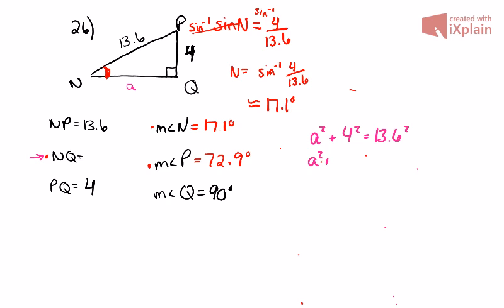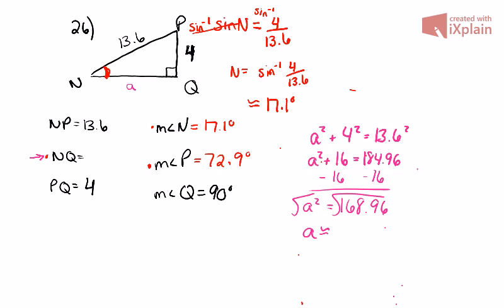So I have a squared plus 4 squared is 16, and then 13.6 squared, excuse me, is 184.96. And then I will subtract 16 from both sides, get a squared is equal to 168.96. Take the square root, and then I'm going to round to the nearest tenth.